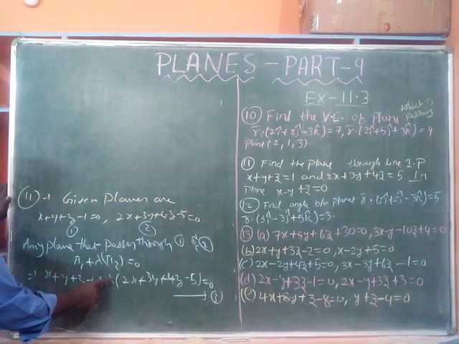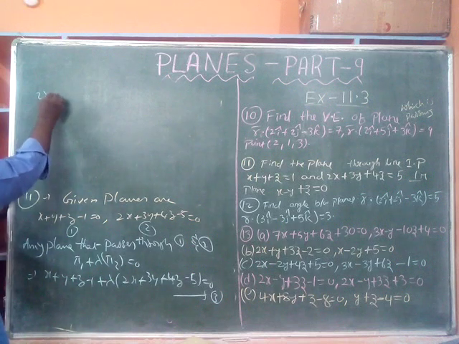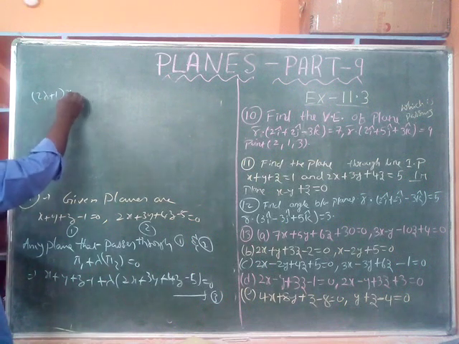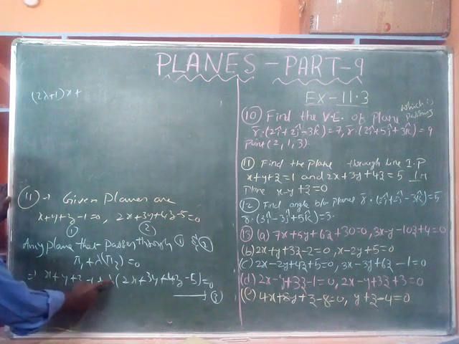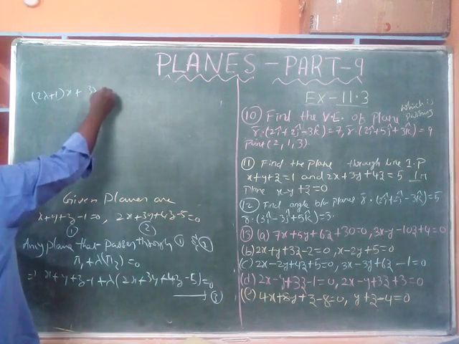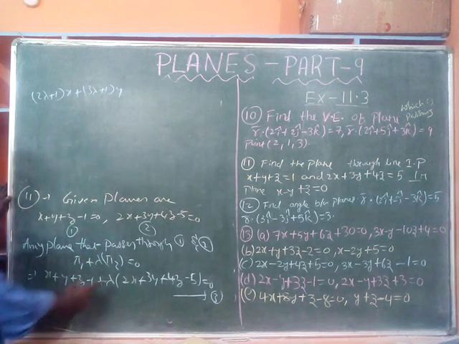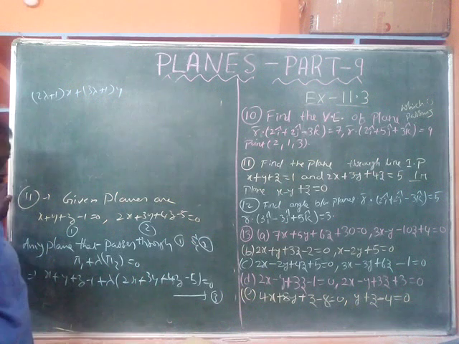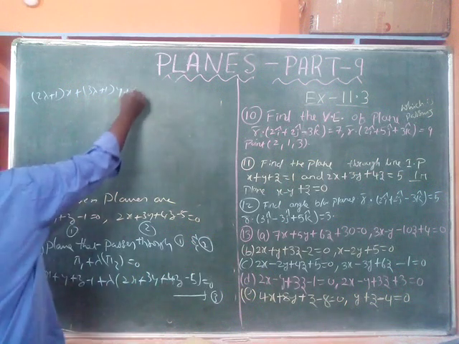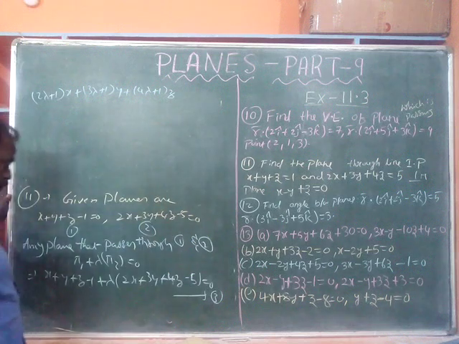Simplification. This is 2 lambda x plus x, taking common, 2 lambda plus 1 x. 3 lambda y plus y, 3 lambda plus 1 y. 4 lambda z plus z, 4 lambda plus 1 z.